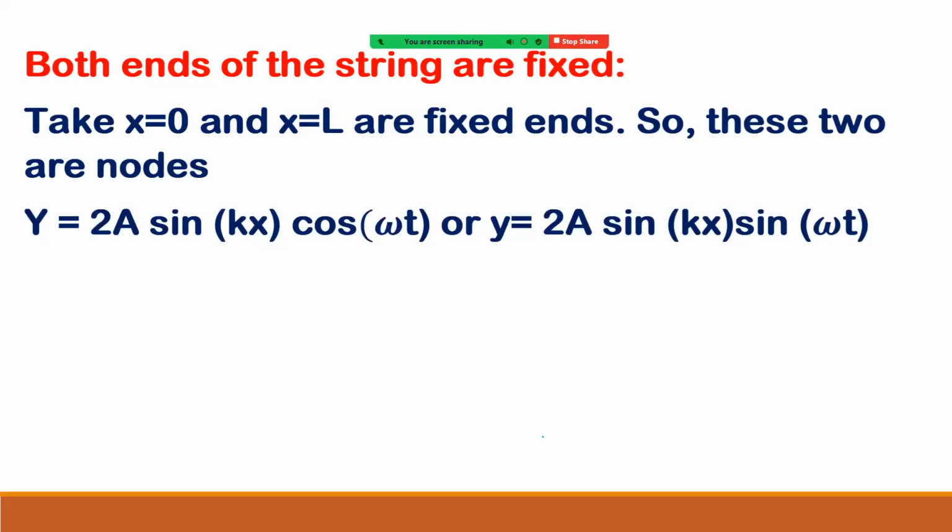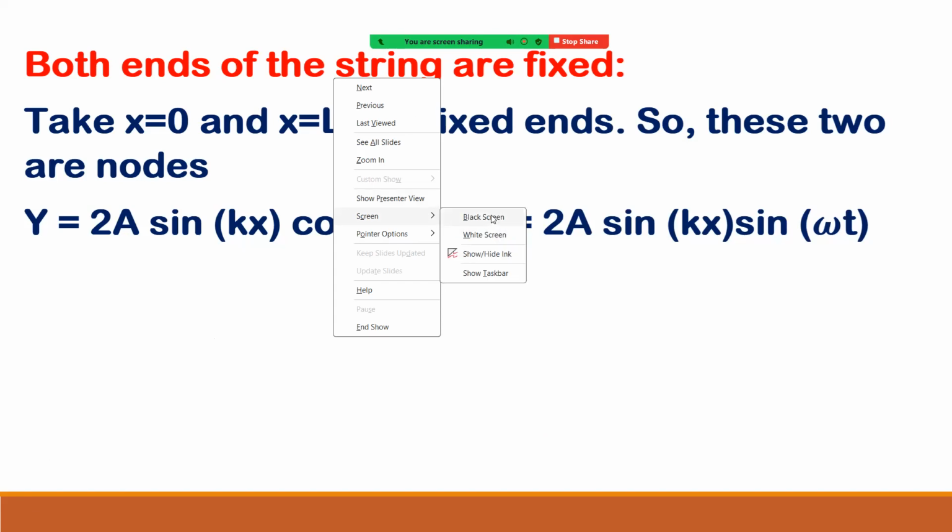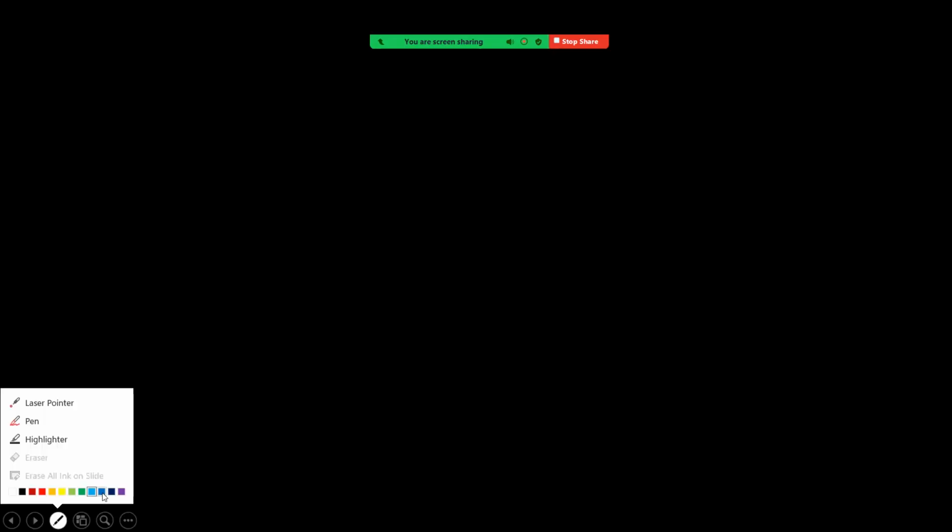And here one more thing, writing the wave equation. See carefully how to write it, which is very important. Given that x equal to 0 and x equal to L are fixed, that means x equal to 0 must be a node.